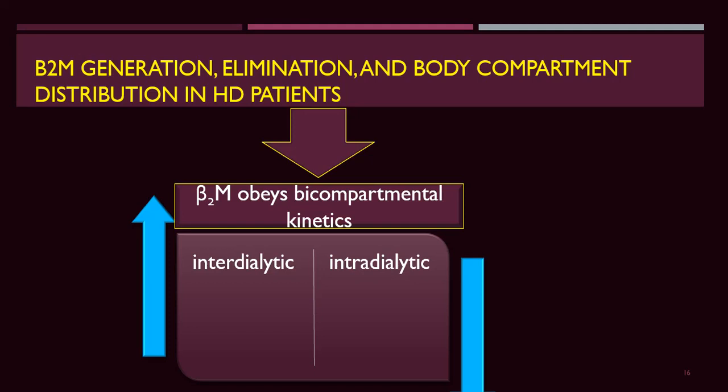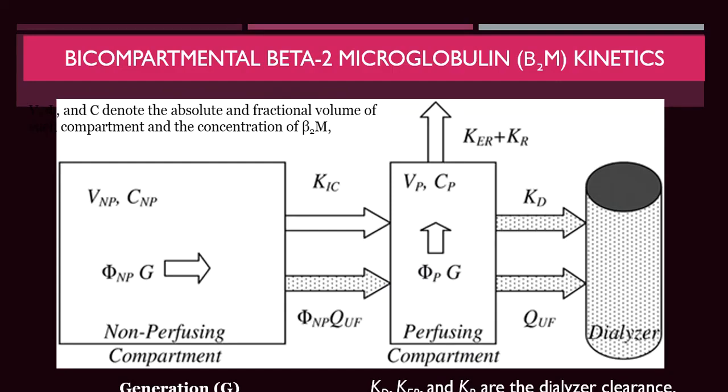There is very slow release of beta-2 microglobulin from tissue to the blood. So that's called kinetics. As an example, urea kinetics is very easy because it diffuses easily from the tissue to the blood, while for others like beta-2 microglobulin, phosphate, and middle molecules, the diffusion rate is very slow, and so beta-2 microglobulin has a bicompartmental kinetics.